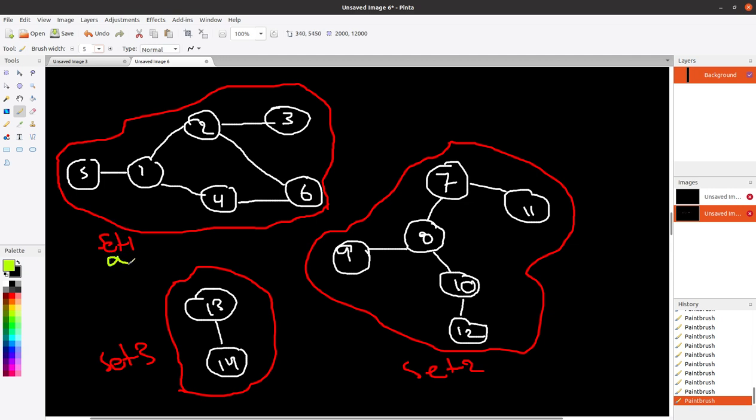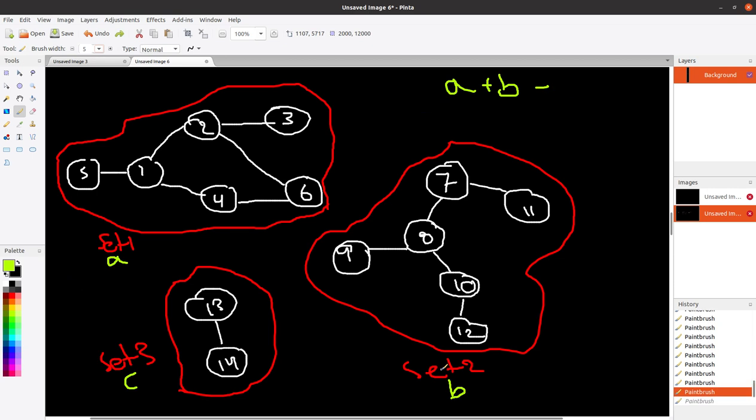So for set 1, imagine the answer is A. For set 2, the answer is B. For set 3, the answer is C. The final answer will be A plus B plus C. And if any of the sets returns a value equal to -1, this means that our final answer will be -1, no matter what the answers of the other sets are.